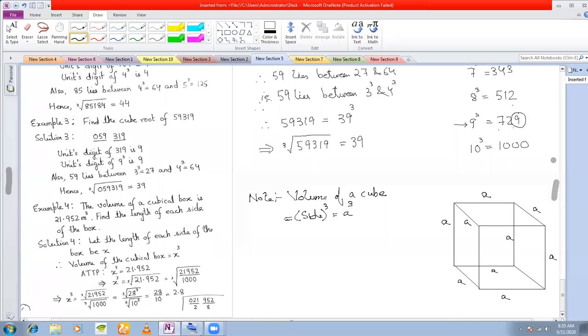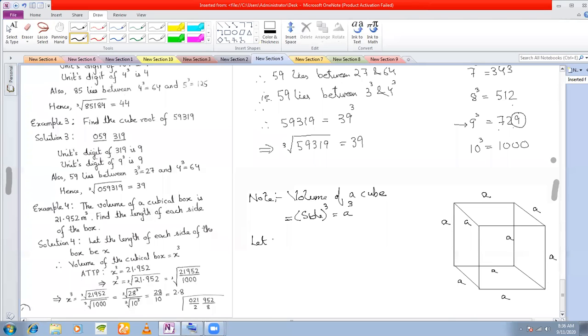Now coming back to the problem, the volume of the cubical box is 21.952, so the volume is given. What do you mean by volume? Volume means capacity. How much space is there? The question is to find the length of each side of the box.